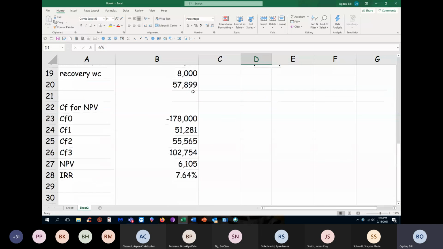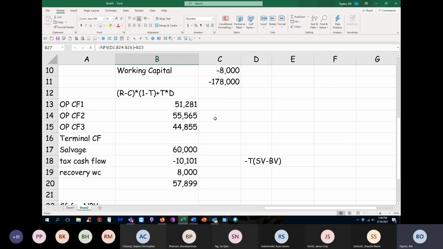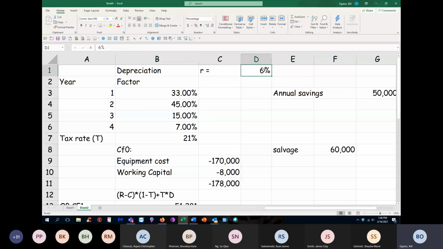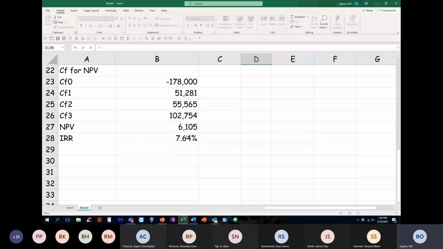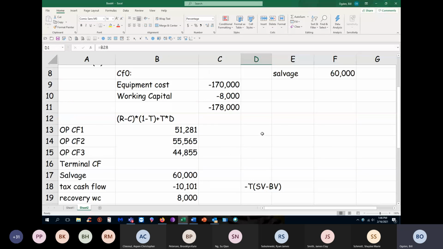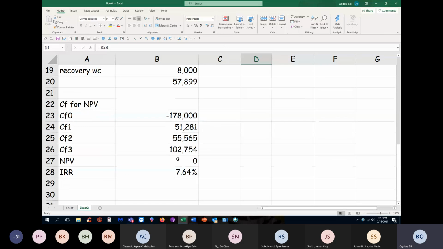I come down here, and there it is. It's very positive, isn't it? It has to exceed 7.64%. If I decide that I'm going to use the IRR as the cost of capital, what if it's 7.64? Well, then I should expect an NPV of what? I should expect an NPV of 0. And Excel tells me that I'm doing it correctly.